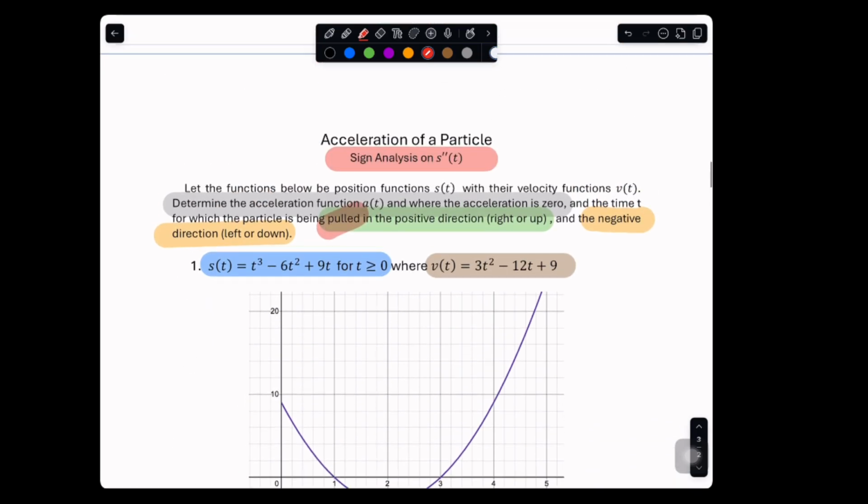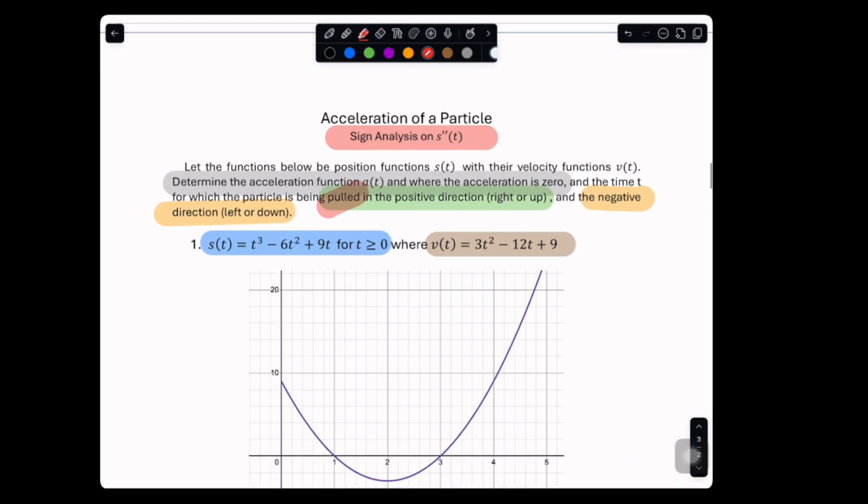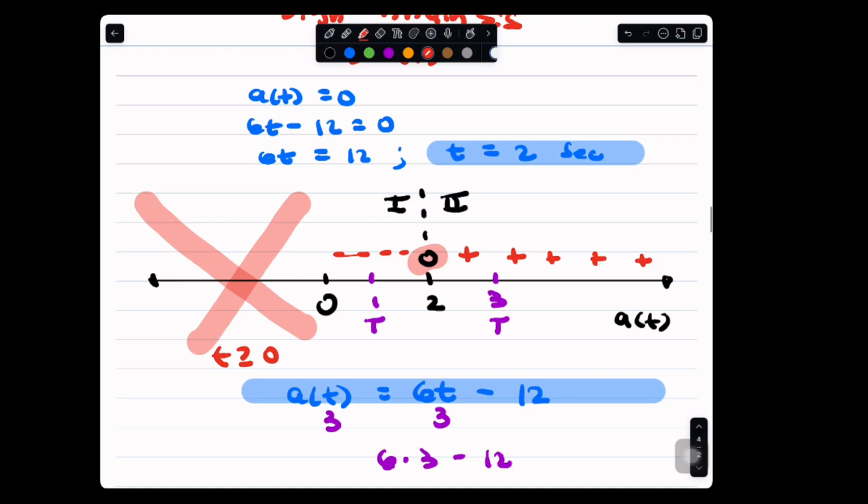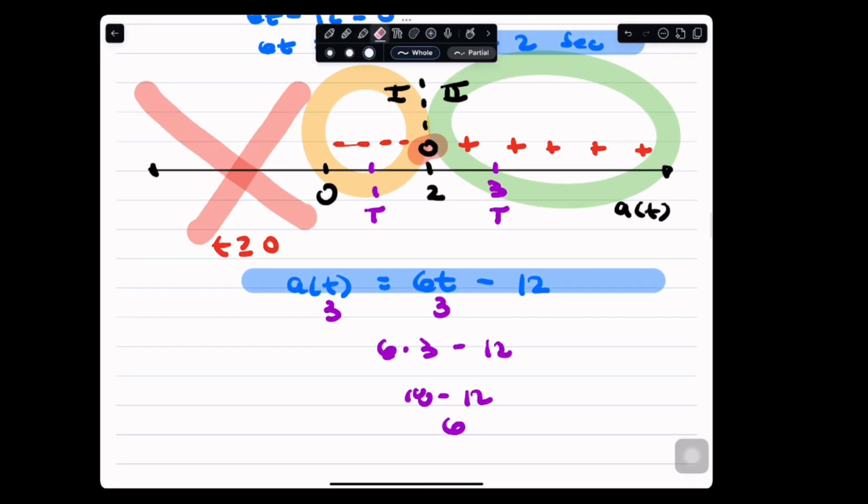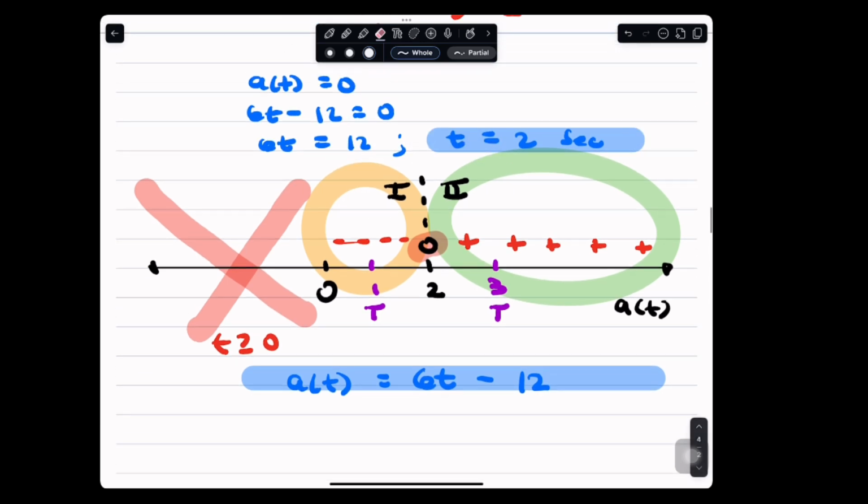I just want to make sure: left was orange. Region 1 is to the left. Region 2 is to the right. So all I've got to do now is look at my picture, and I can answer the question in terms of time.